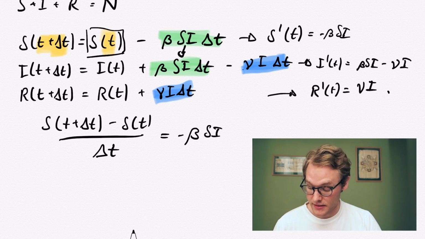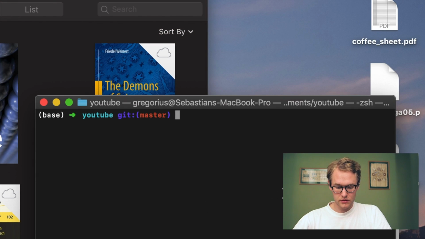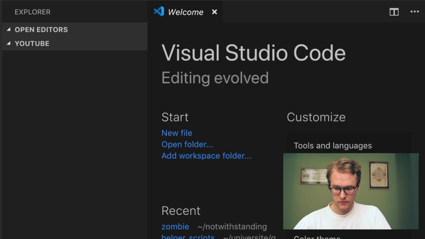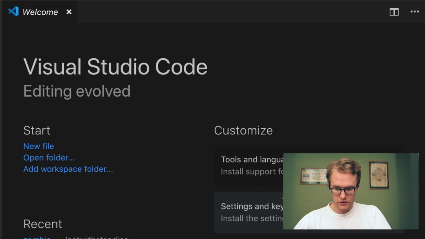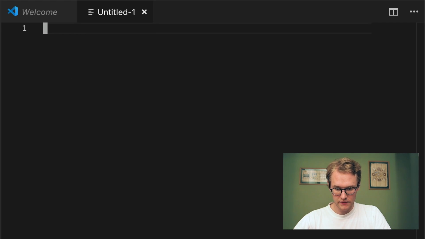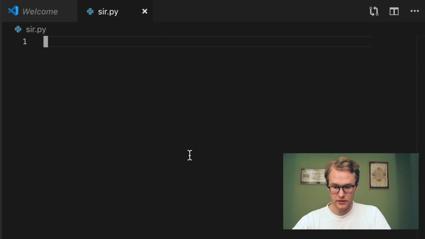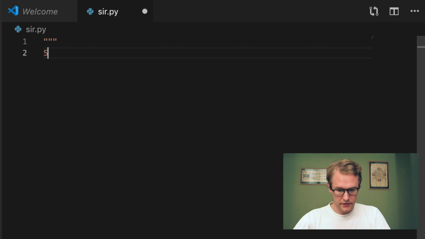So let's implement it. Okay, so here we go. First, we are going to open a new file, save it as SIR. That's the name of our model. It's going to be a Python file. The first thing we'll do is write a short comment of what this is all about.